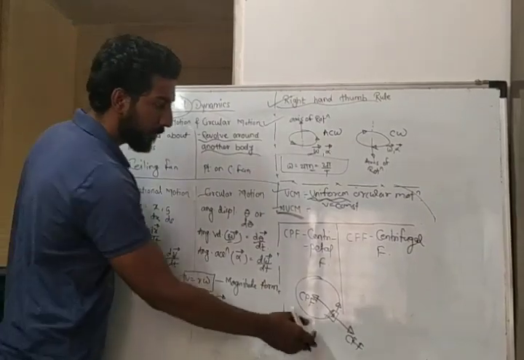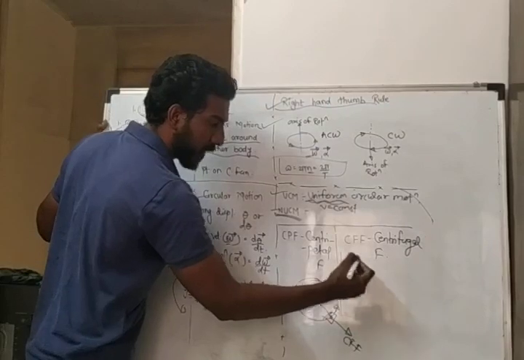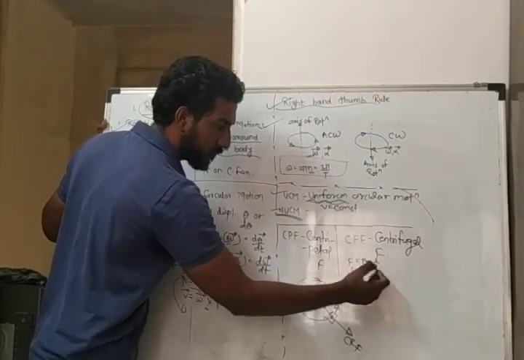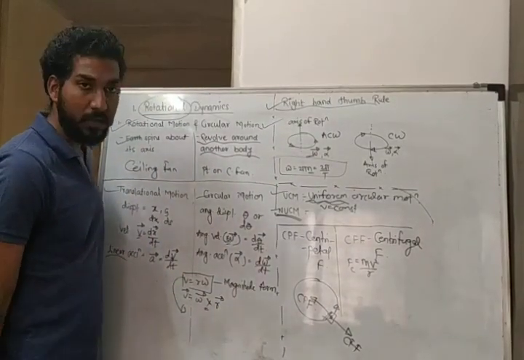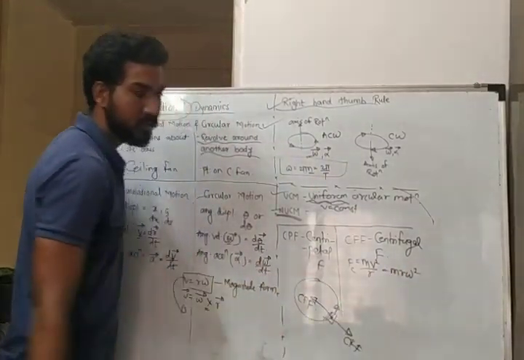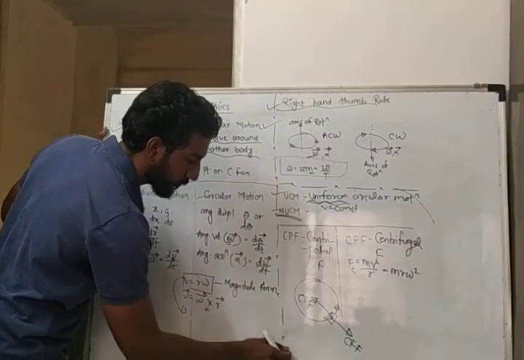We know that the centrifugal force, if I write FC for it, is nothing but mv square upon r. In terms of omega, it will be m r omega square. What about the CPF or centripetal force?